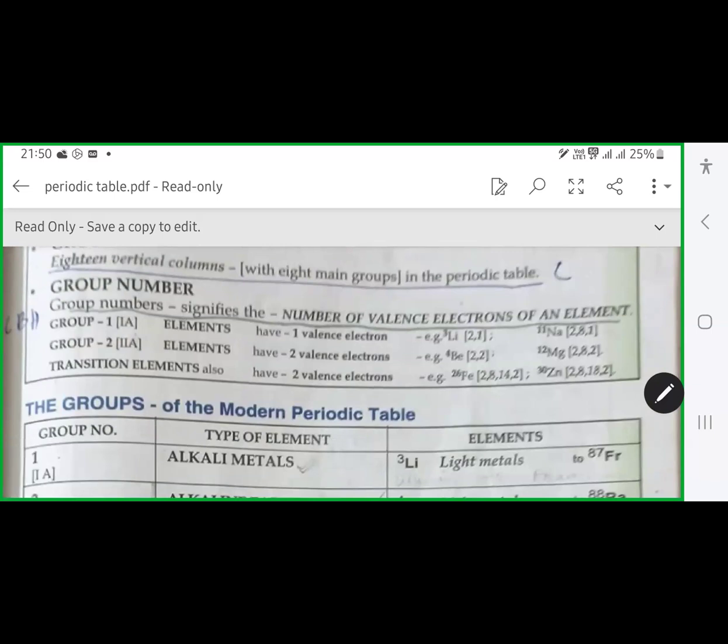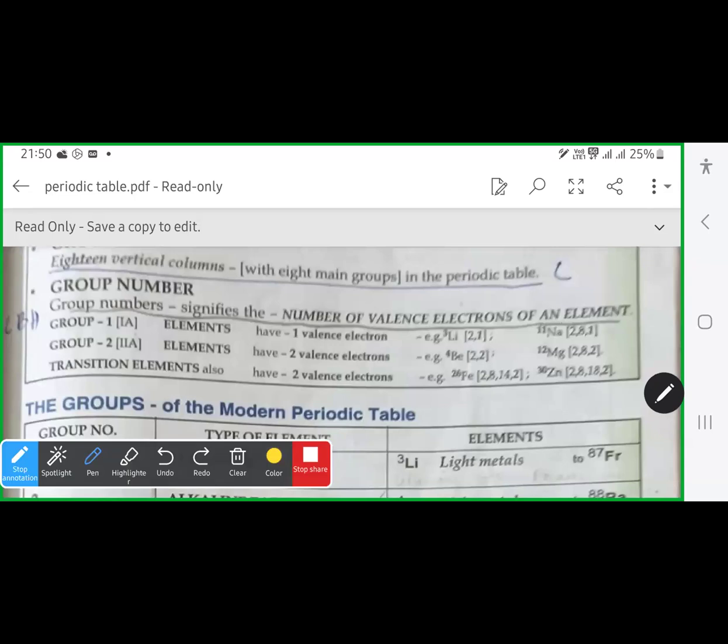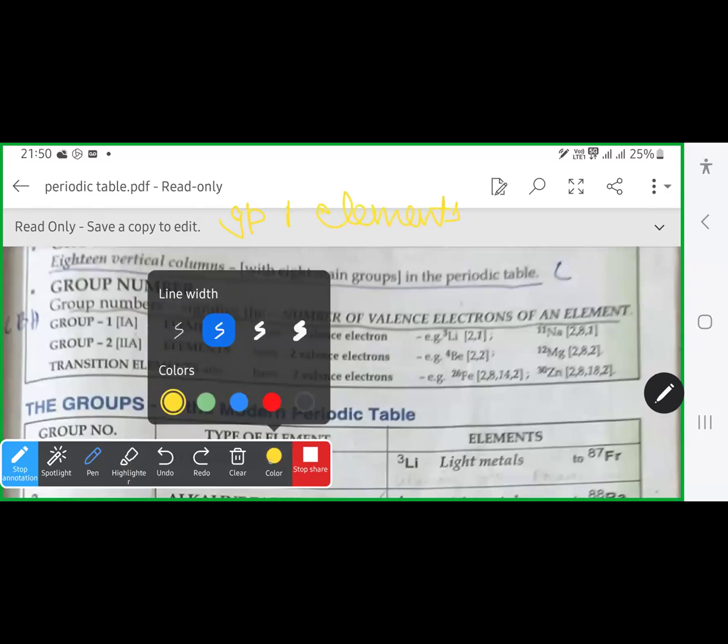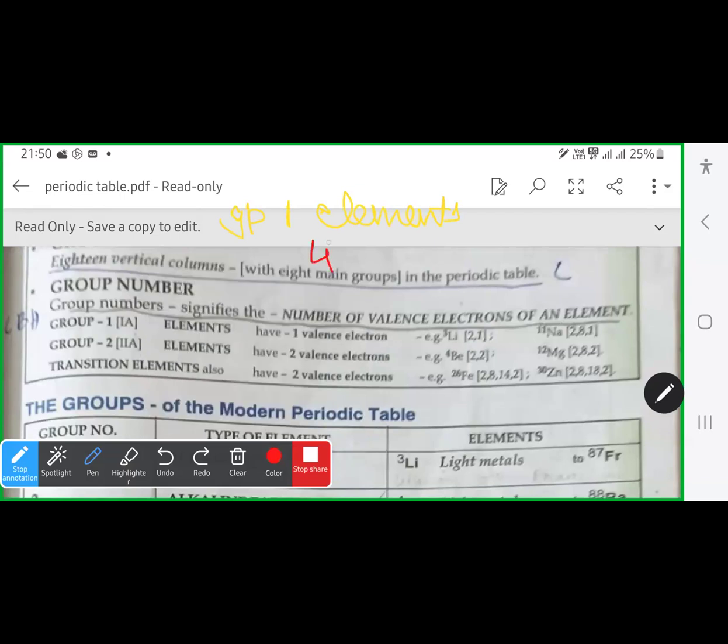So group 1 is also known as alkali metals. What are these elements? That is lithium, sodium, potassium, rubidium, cesium. These are also known as alkali metals. Tell me why. Because they have one electron in their valence shell.